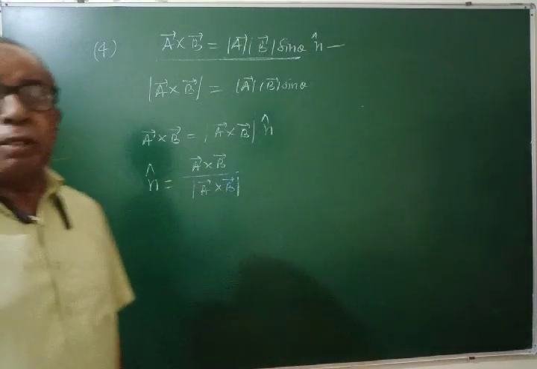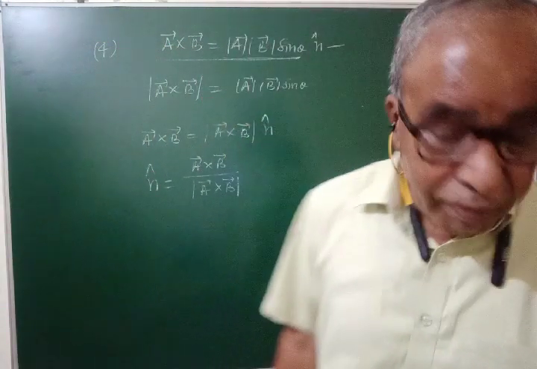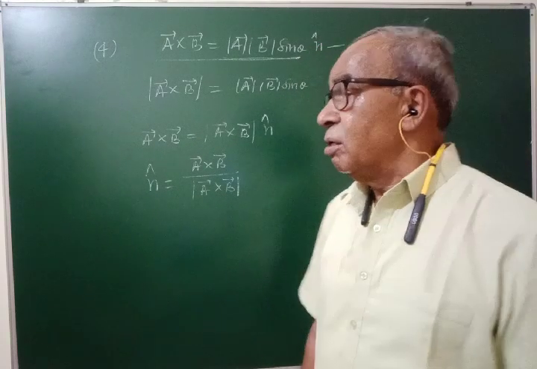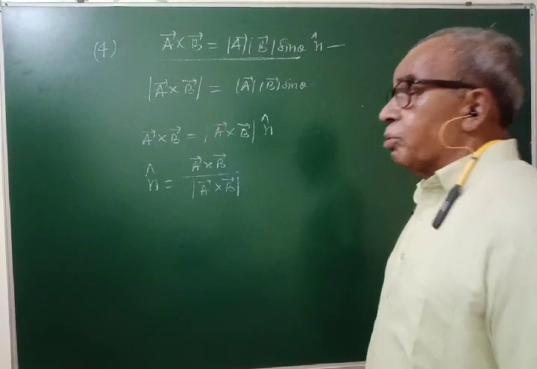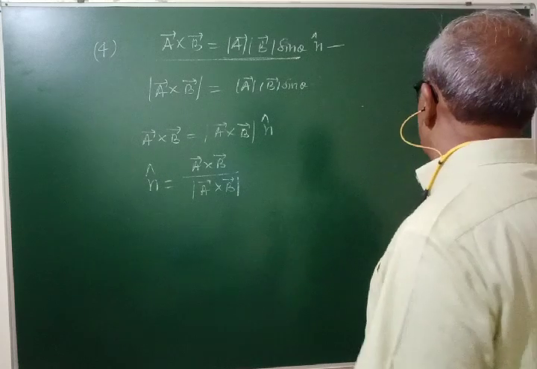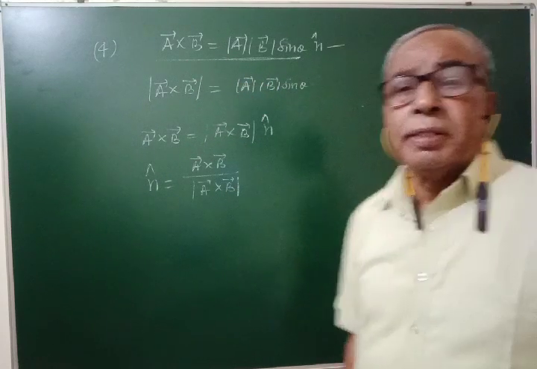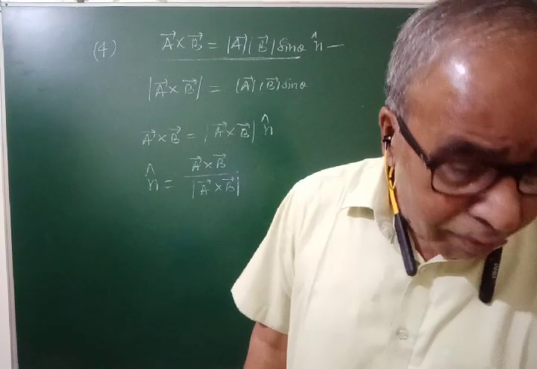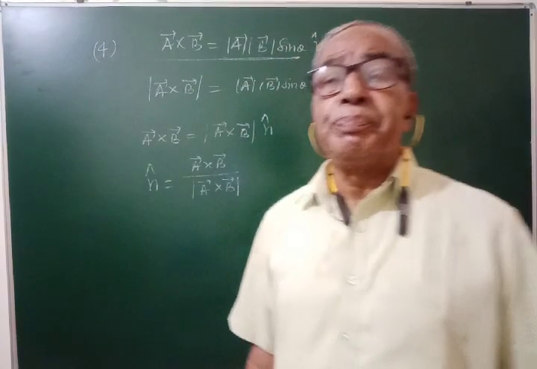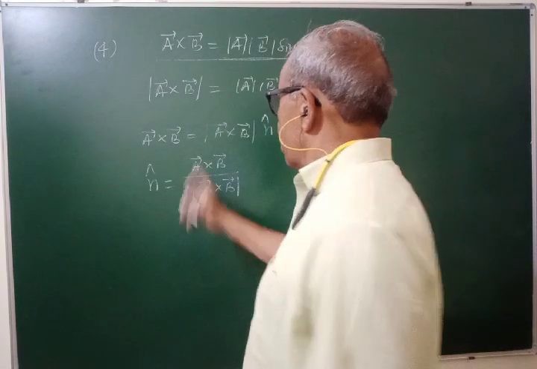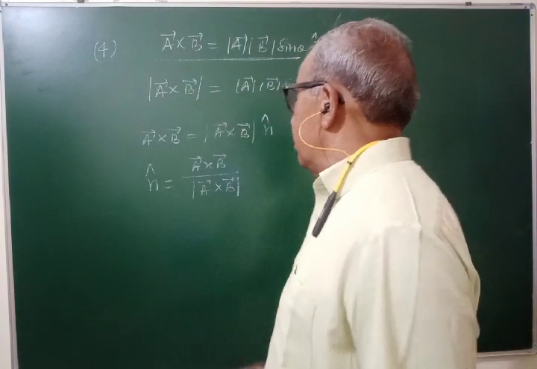People ask questions like that, find a unit vector which is at right angle to any two given vectors. Here A and B are two vectors. So you may be asked, find unit vector which is normal to both A and B. So simply you find n cap.